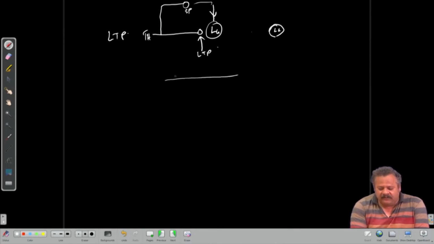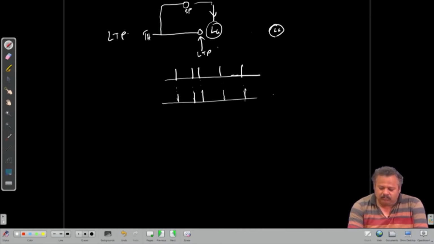So, if we have a thalamus action potential at these particular time points, the layer 4 neuron is firing action potentials at one synapse delay only. So, this is the synaptic delay here, this is the synaptic delay here, and so on.